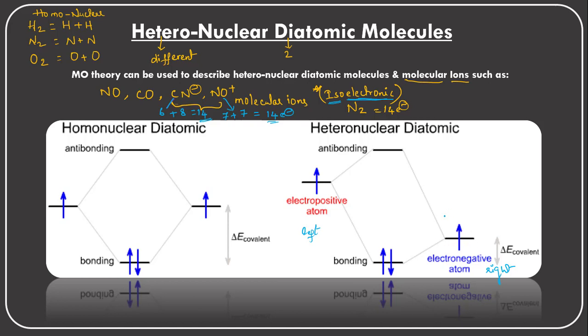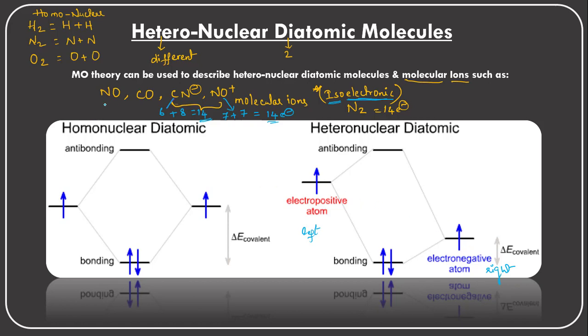The electronegative atom has lesser energy, and the energies of these two atomic orbitals are not equal, but they are equivalent. Not equal means there should not be a very large difference between the atomic orbitals of these atoms either.